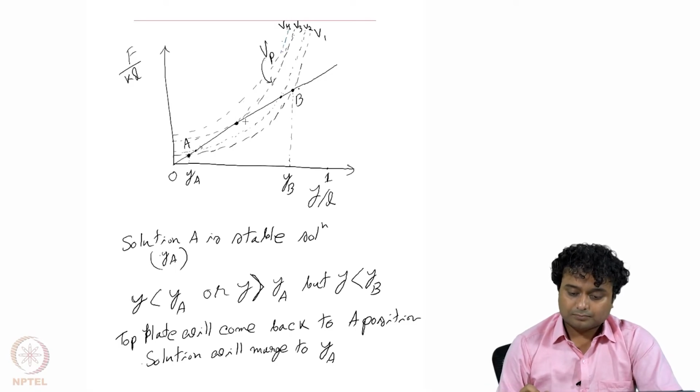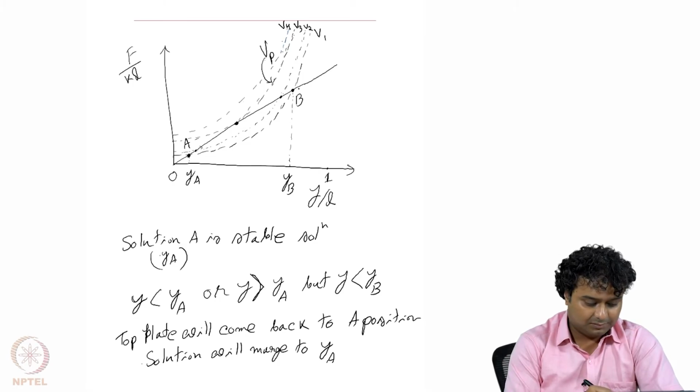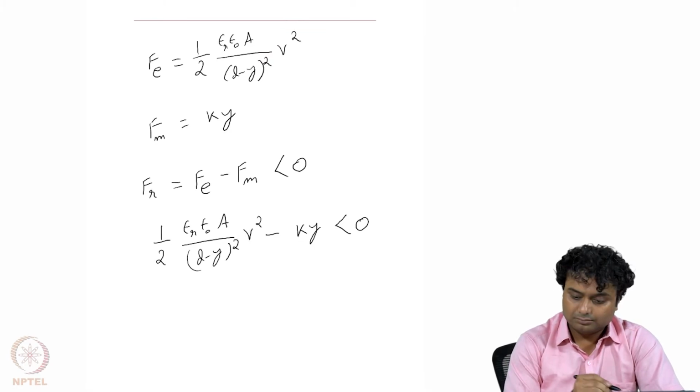Now while the resultant force is going down, that means the slope is negative, or delta Fr by delta y is less than 0.